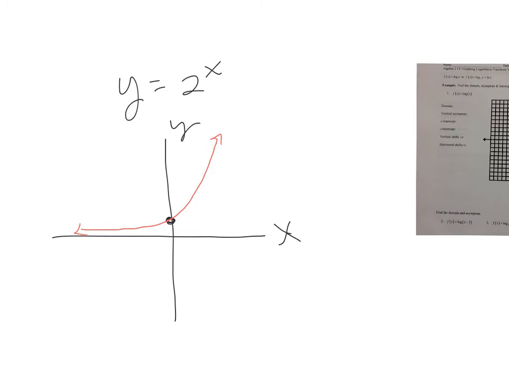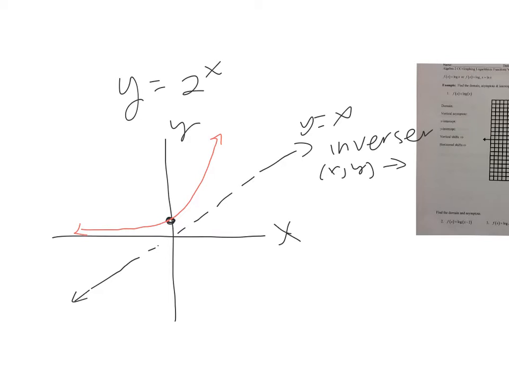And then what we did was we took this exponential and we flipped it over the line y equals x. That's my inverse, which means xy becomes yx. So we switch x and y and we got x is equal to 2 to the y power. And when I flip it over the line, then it goes through 1, 0, and it looks like this.